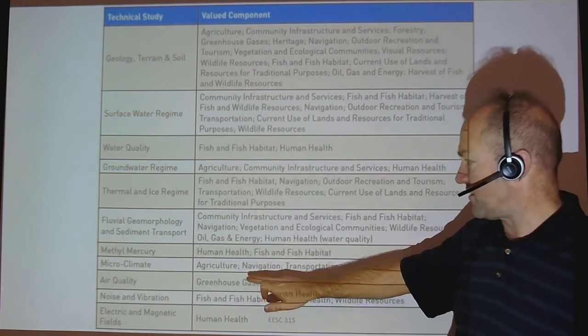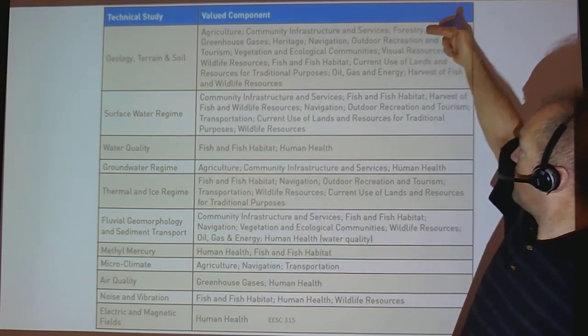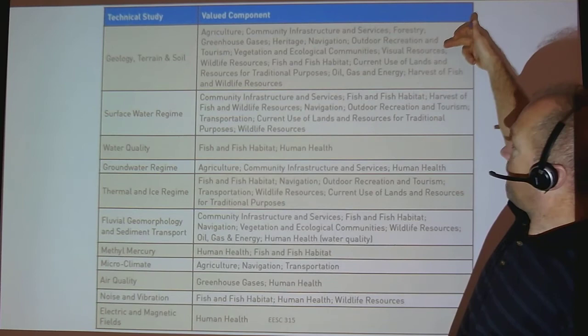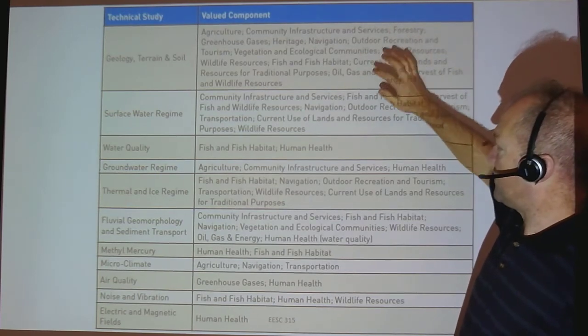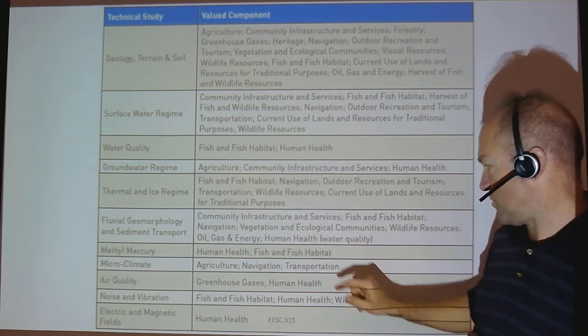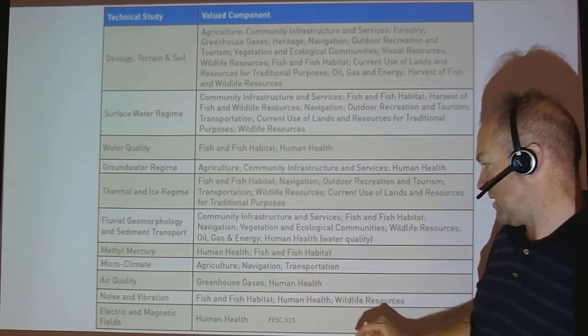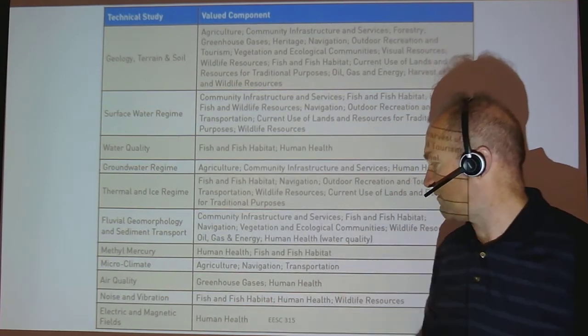Human health is affected by methylmercury. Anyway, you'll see human health shows up in a number of places: fluvial geomorphology, air quality, noise and vibration. All of these things affect human health, as do electrical and magnetic fields.